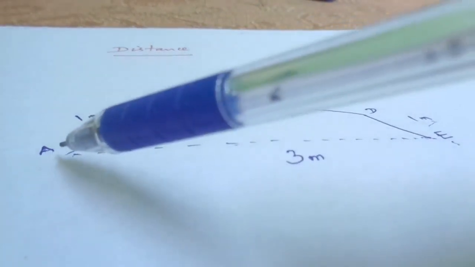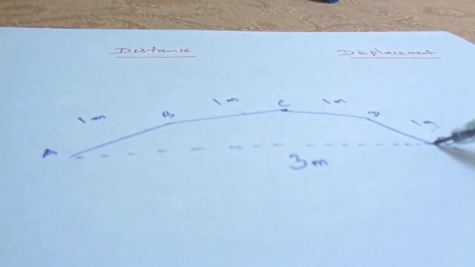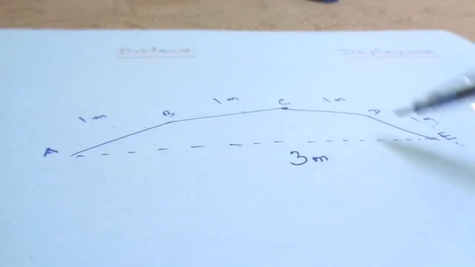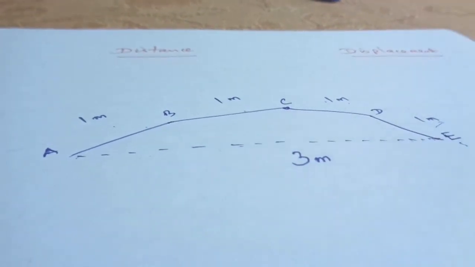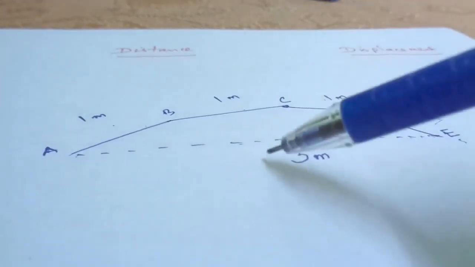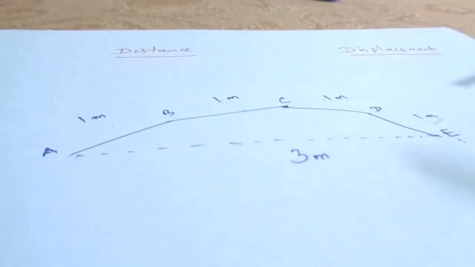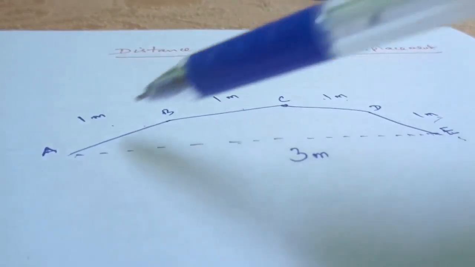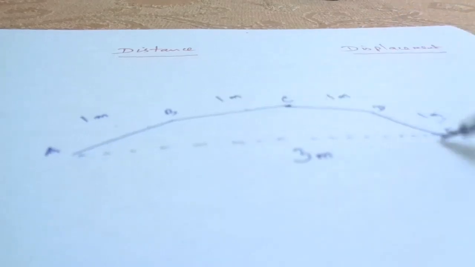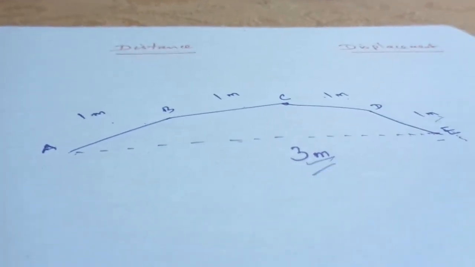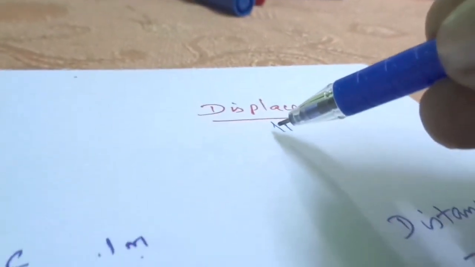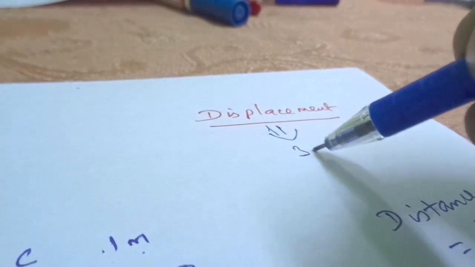The connected straight line, the shortest route between starting and end, is called displacement. Here the shortest route, that is AE, is 3 meter. So the displacement is 3 meter.